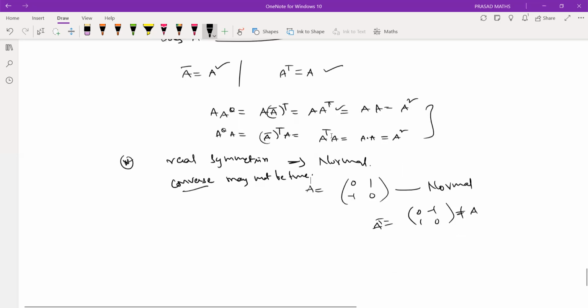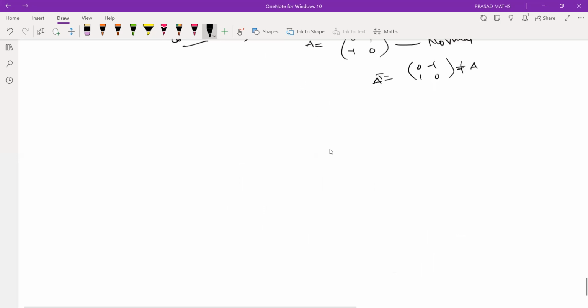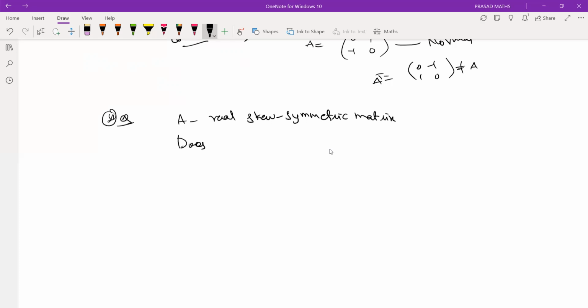Suppose A is a real skew symmetric matrix. The question is, is it normal? Real means A bar is equal to A. Skew symmetric means A transpose is equal to minus A. Now compute A into A theta, that is A into A bar whole transpose.